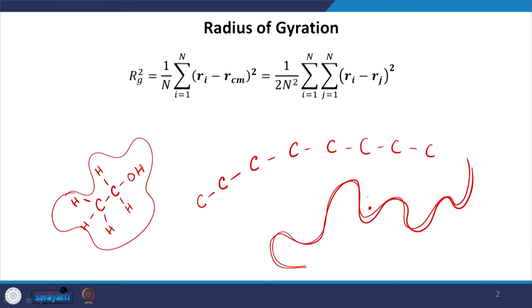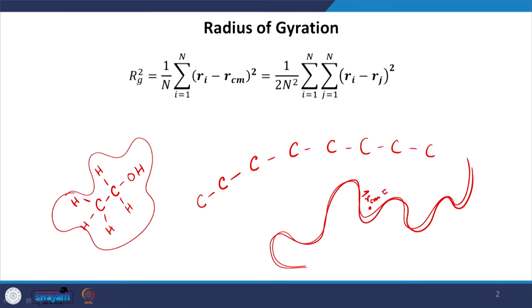And the way it is done is we locate the center of mass of the molecule, and the center of mass may be located within the molecule or outside the molecule, where essentially what you are doing is you are simply taking an average of positions of different units within the molecule. It can be different carbons or it can be whatever functional block you have in the molecule. And if you average over that, take an arithmetic mean, what you get is a center of mass coordinate.